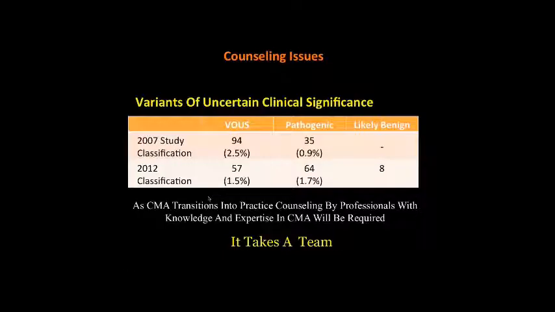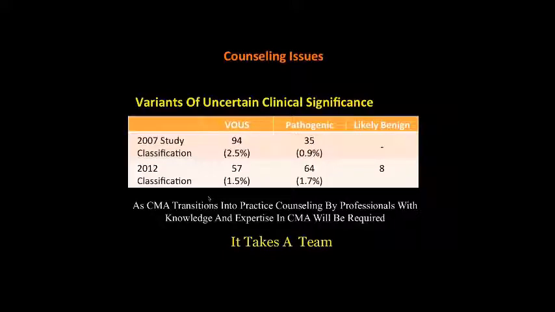However, I've taken the copy number variants of uncertain clinical significance from our study, which was performed in 2007. As you can see, about 2.5% of cases had a variant at the time, which was felt to be of uncertain clinical significance.